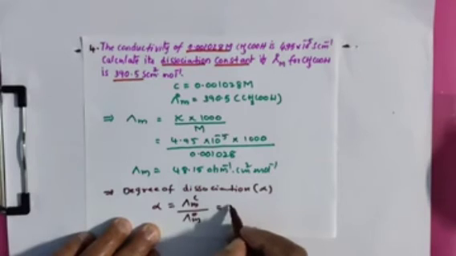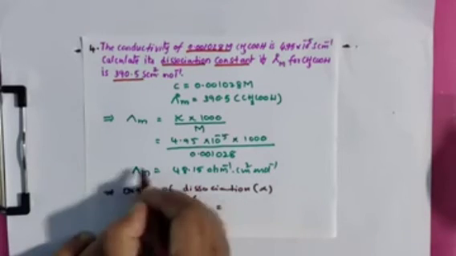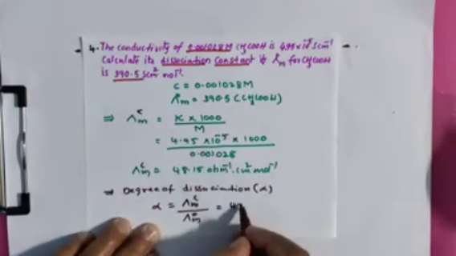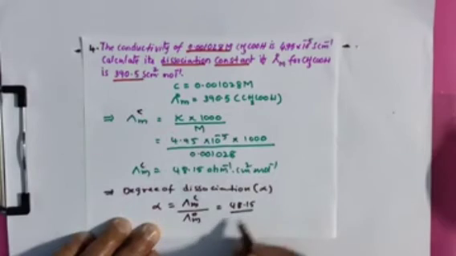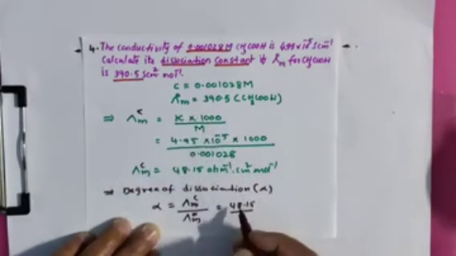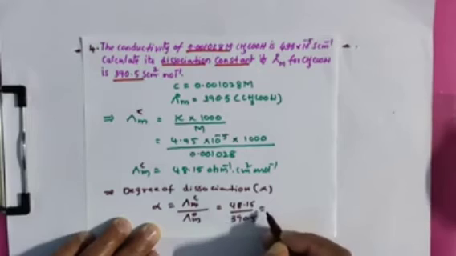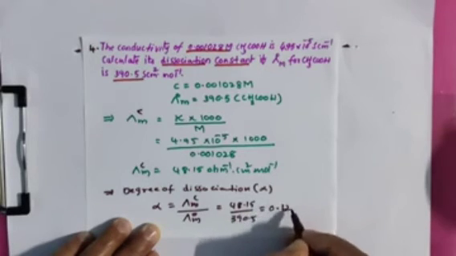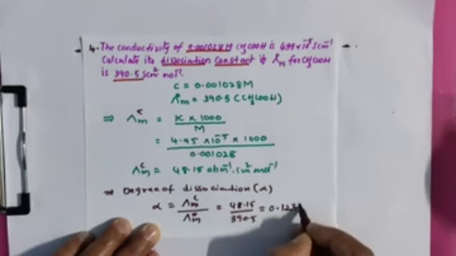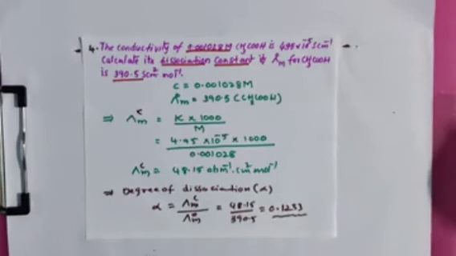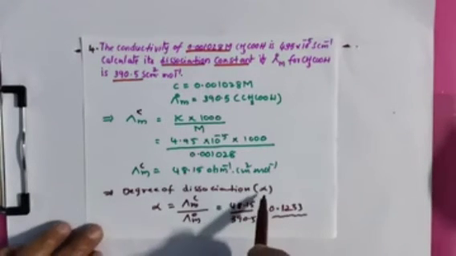That is equal to, we calculated this here at given concentration, 48.15 upon, and this value is given, 390.5. If you simplify this, you are getting 0.1233, the alpha value. So degree of dissociation we got.